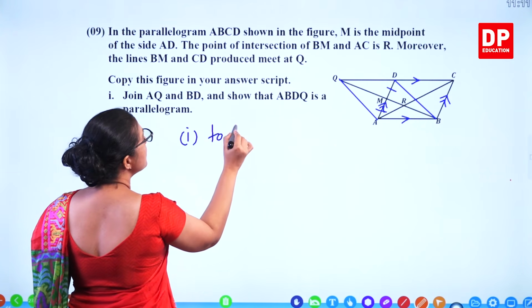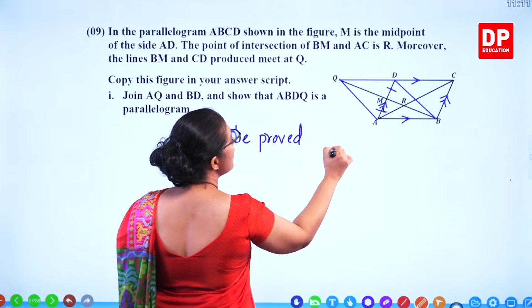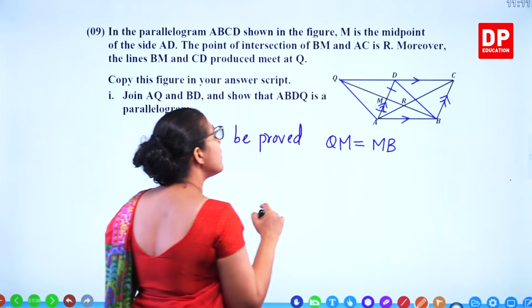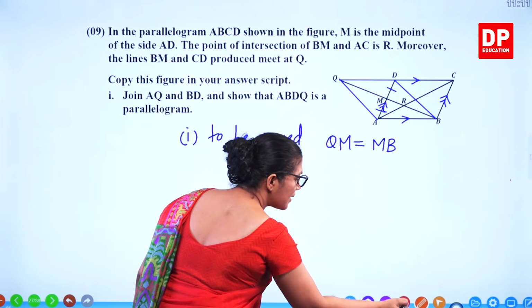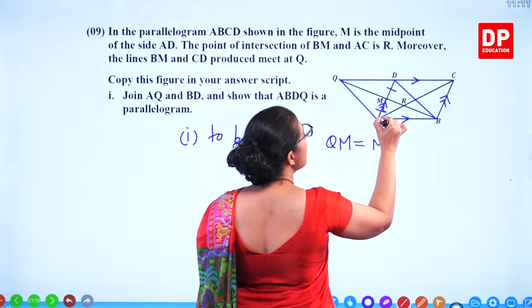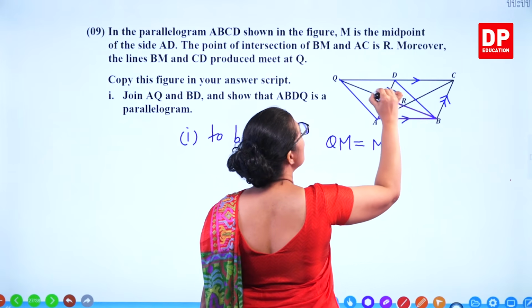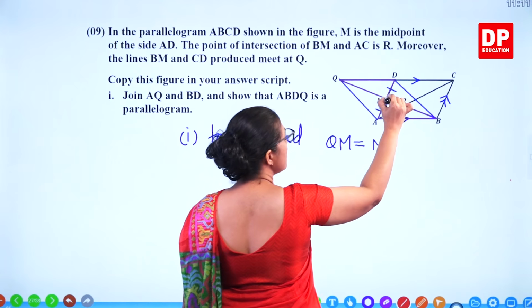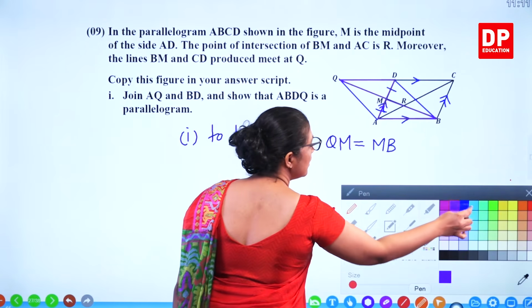To be proved, QM is equal to MB. So for that, we need 2 triangles. So we'll take this triangle and this triangle. If we can show these two are congruent, the 2 sides are equal.